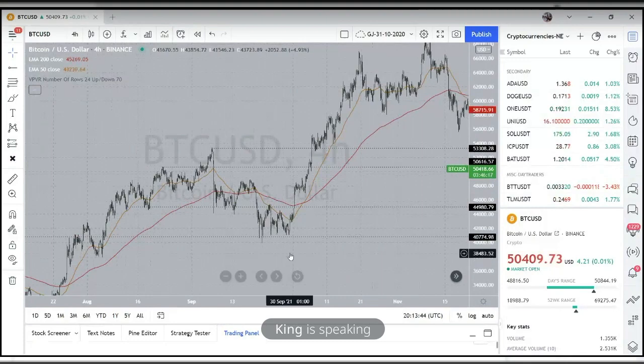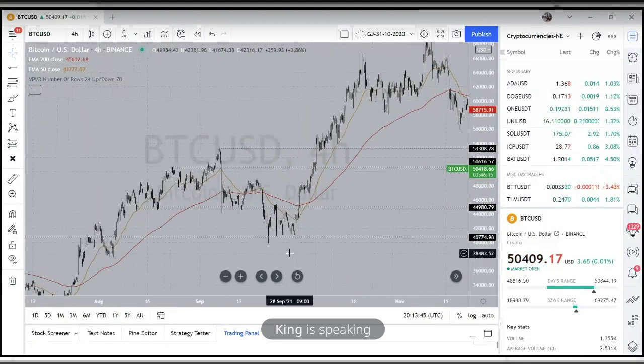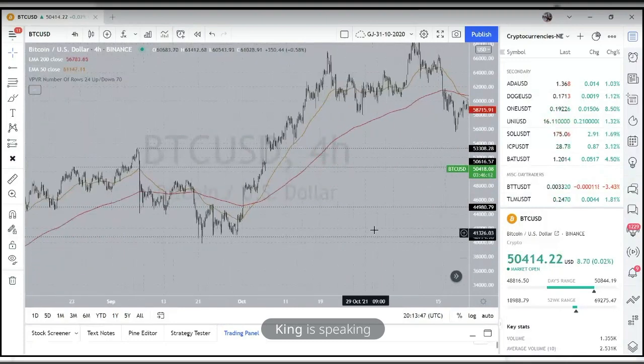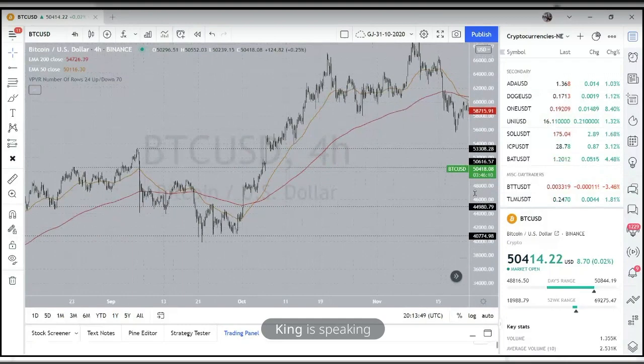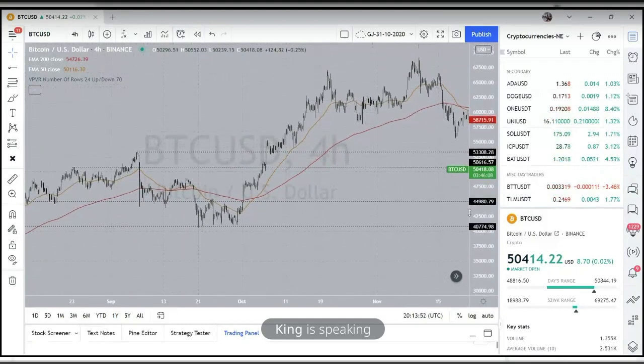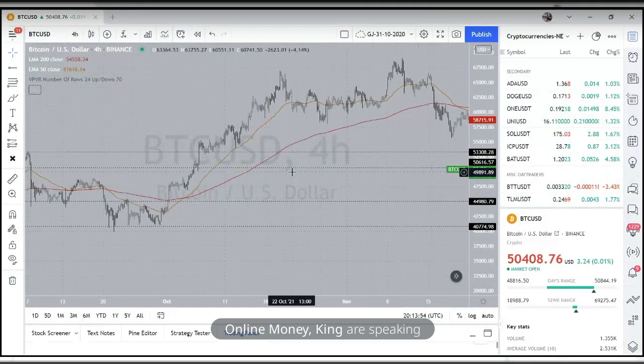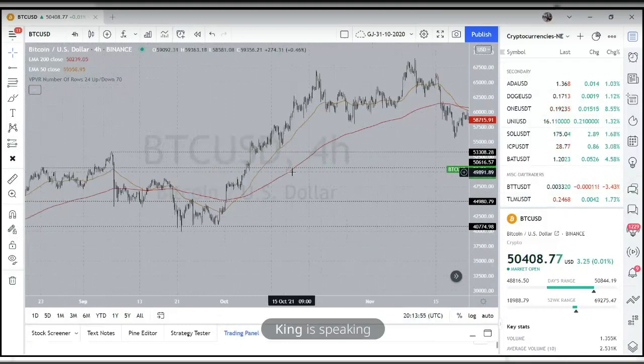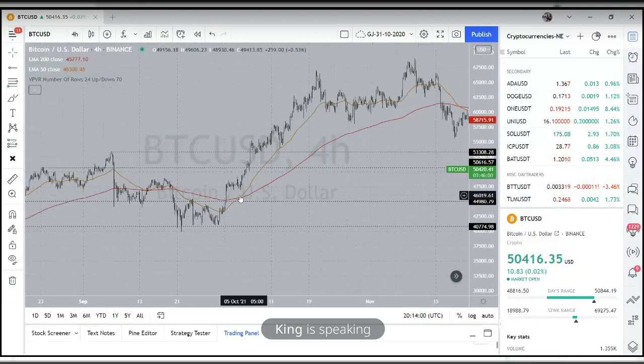So I would say an EMA is more of a tool to gauge direction instead of using it as support and resistance to say, okay, it's gone above it, so that's a signal to place a long.